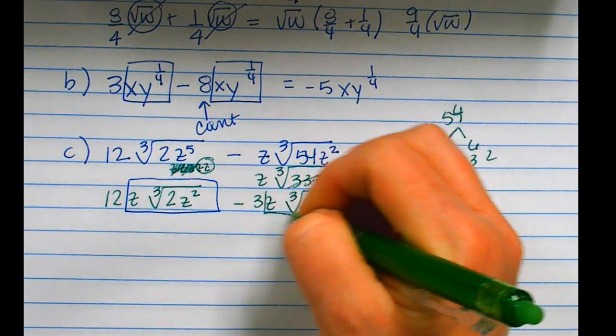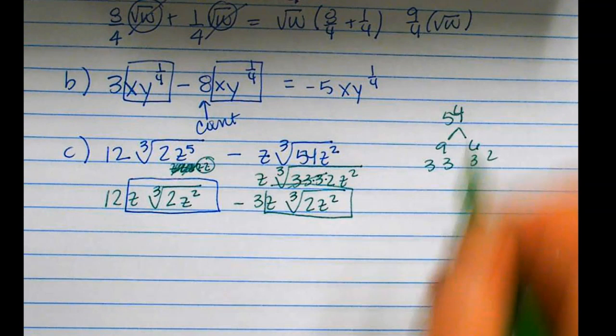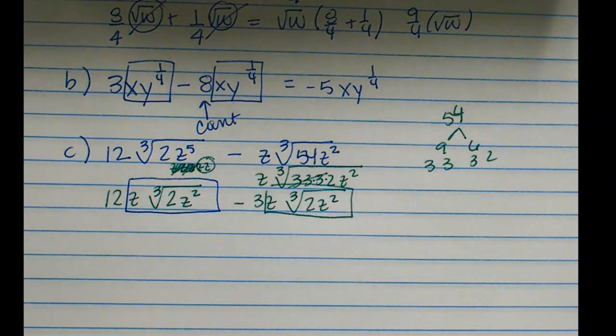Everything that follows that has to match the first one. So I have z to the first power and the cube root, and in the cube root is a 2 and a z squared. Are they the same now? So do you see the box, how that's kind of helpful? It puts everything after the coefficient together and everything must match.